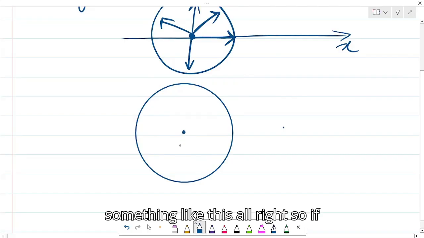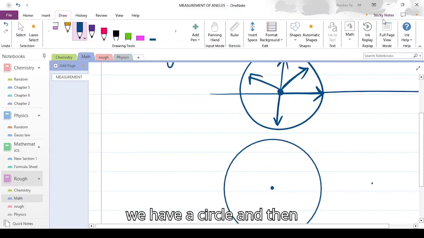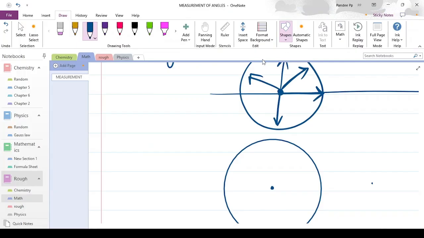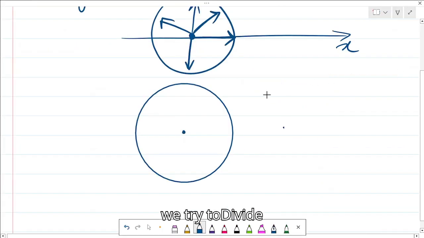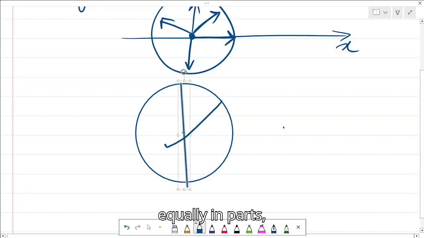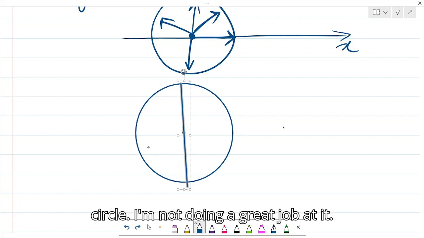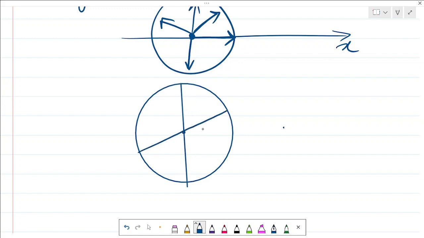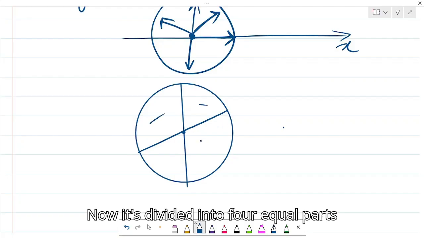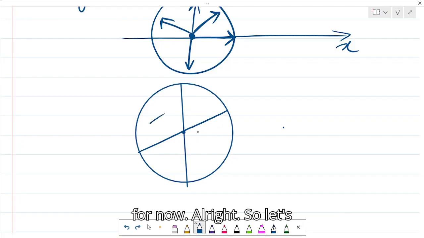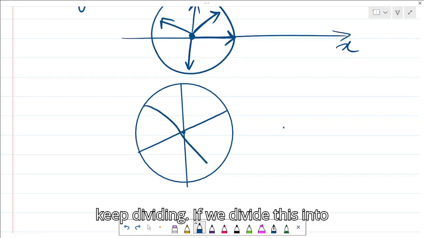All right. So if we have a circle, and then we try to divide this circle equally in parts, right? So let's say you try to divide the circle. I'm not doing a great job at it. Now it's divided into four equal parts for now. All right. So let's keep dividing.